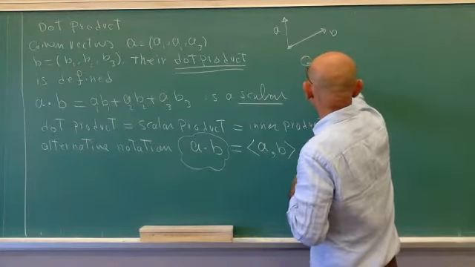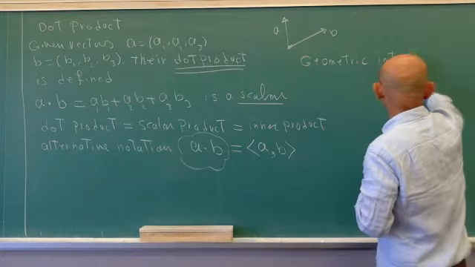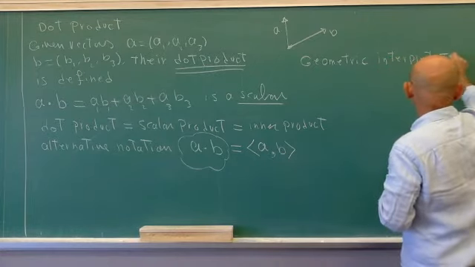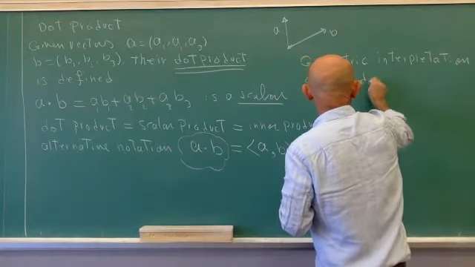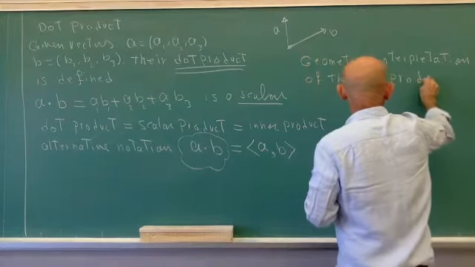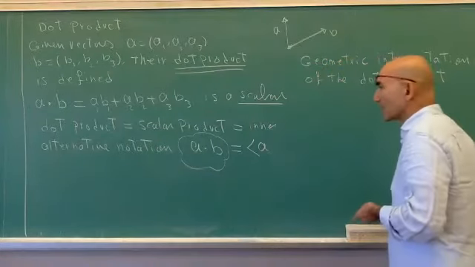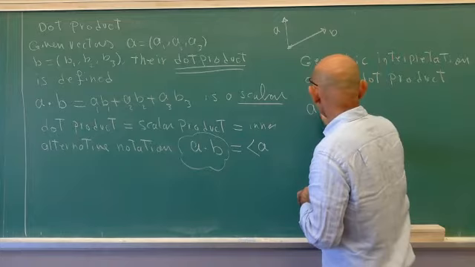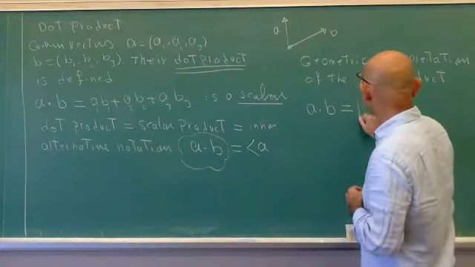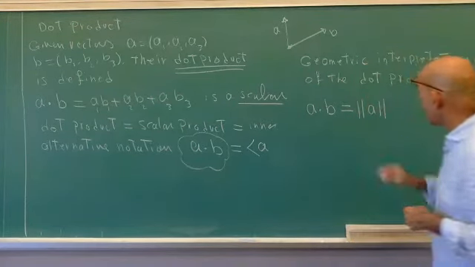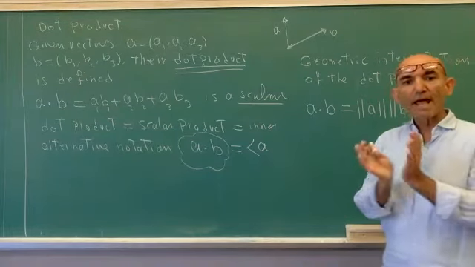So the geometric interpretation of the dot product. This dot product is really the following thing. It's the length of vector A times the length of vector B times the cosine of the angle between the two.